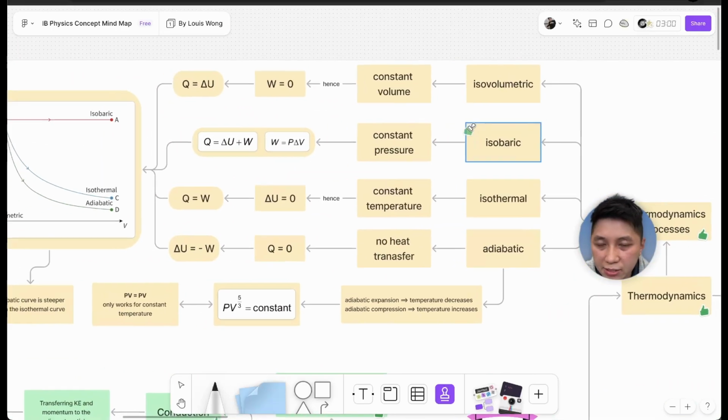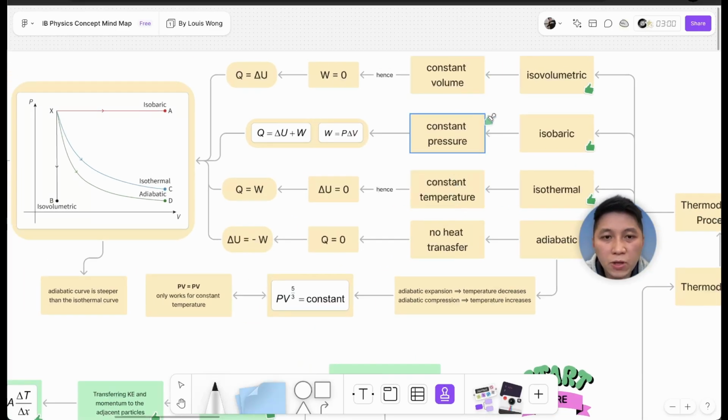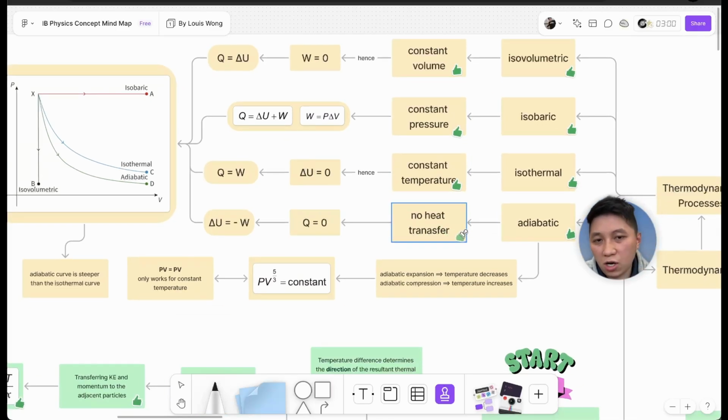There are four processes, I'm sure you could recall: isovolumetric, isobaric, isothermal, and adiabatic. Each of them means something is constant pretty much: constant volume, constant pressure, constant temperature. This one is a bit different. It's not constant but has no heat transfer, that is Q equal to 0.